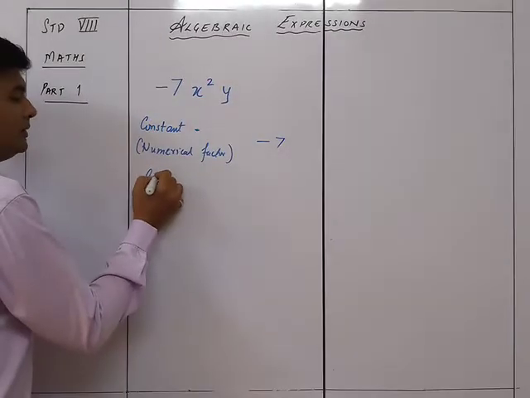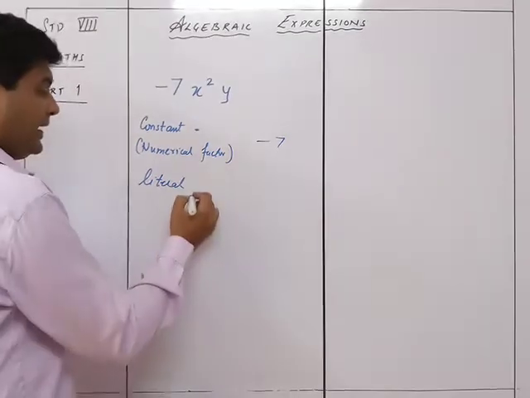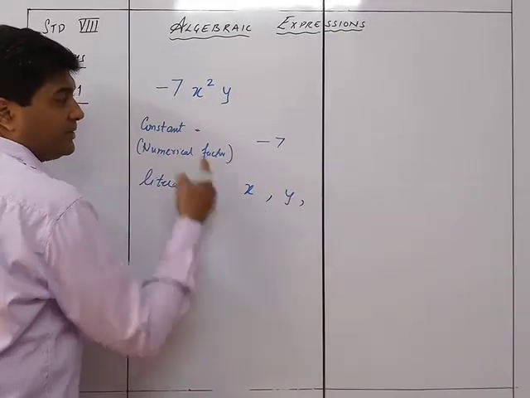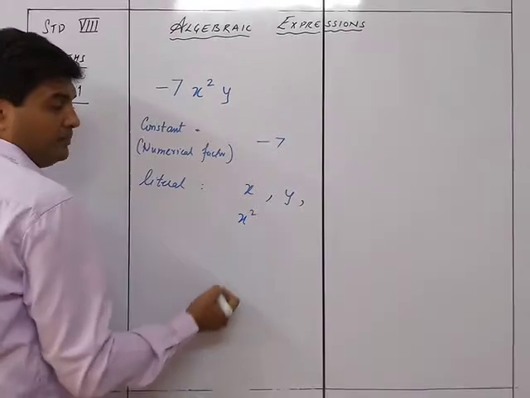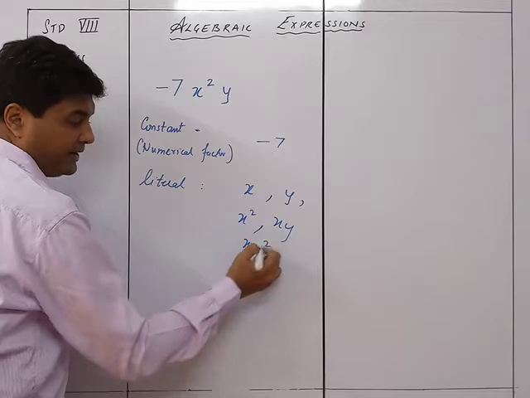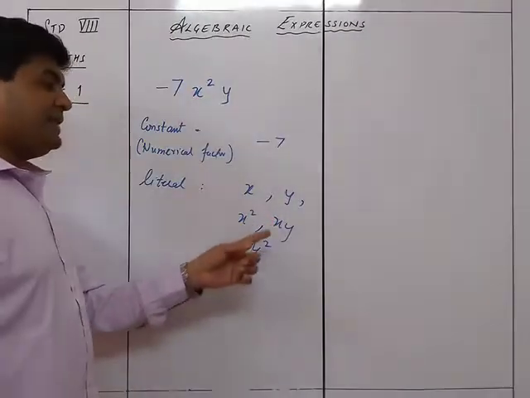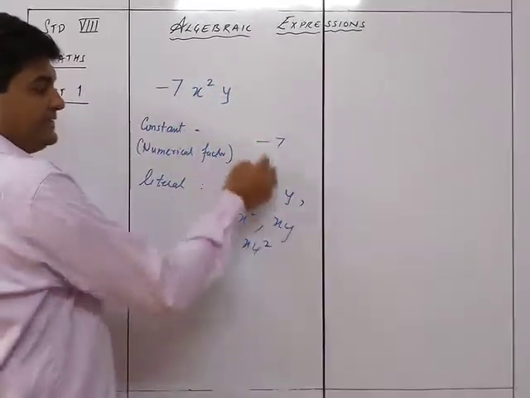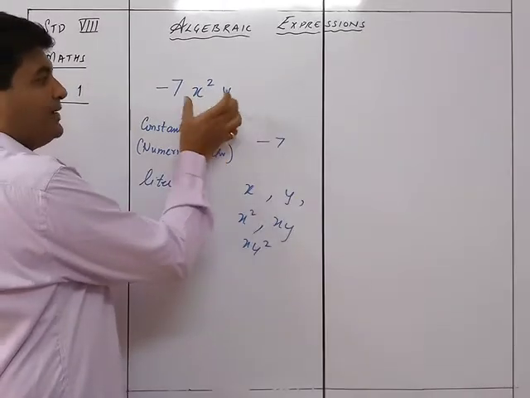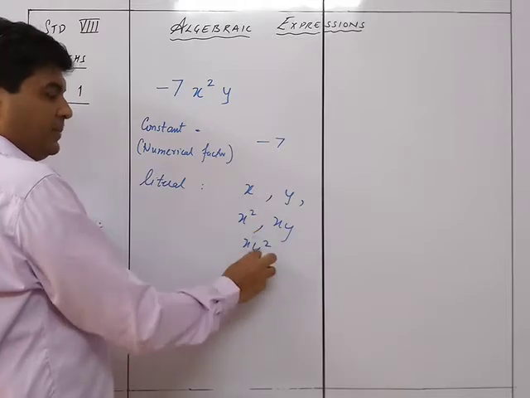But the literal factors will be: x is one of them, y is another, x square is one of them, xy is one of them, and then xy square is another. The different ways I can split them are x and y, x square separate and y separate, x and y together, and then the complete thing, xy square.